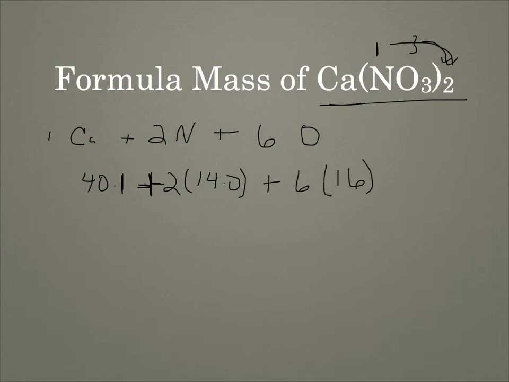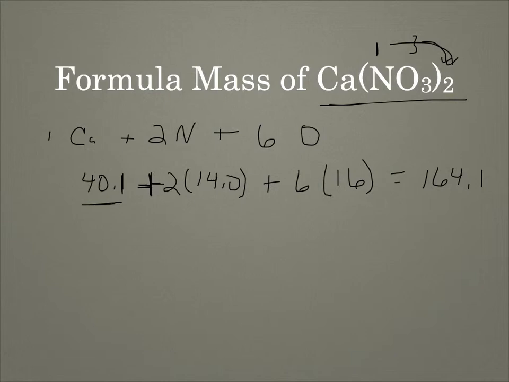So we would need to add 40.1 plus 2 times 14 plus 6 times 16. And that would equal 164.1. Now, when I do this on the calculator, if I have a scientific calculator, it'll do things algebraically.